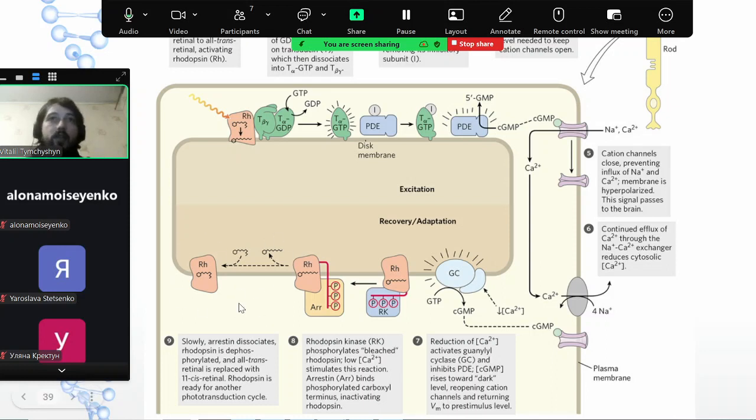And some of these steps of converting all that retinol, and so on and so forth, are performed in different cells, so as not to put too large a burden on these photoreceptors.